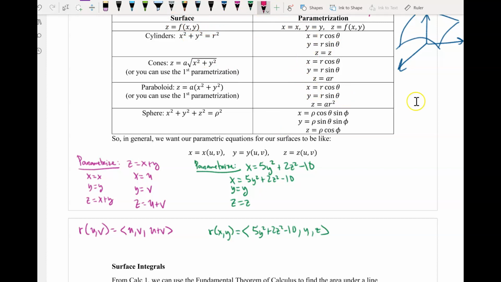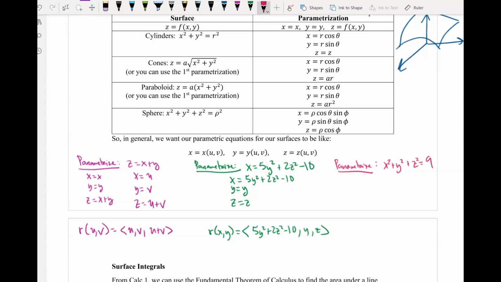So let's say you wanted to parametrize the sphere maybe. x squared plus y squared plus z squared equals 9.